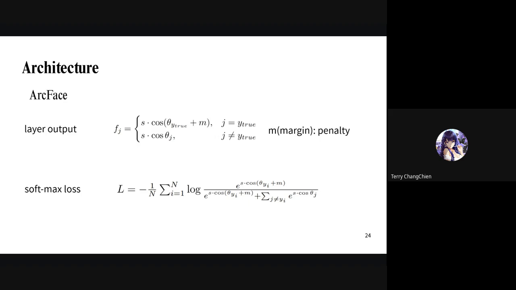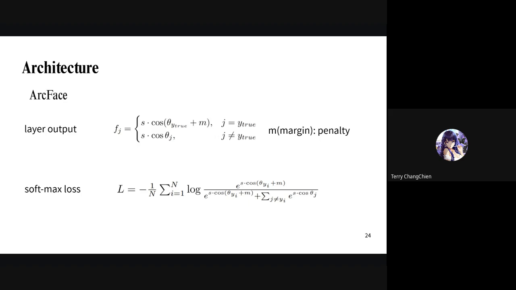If the two embeddings have the same label, then the angle should be plus m, where m represents the margin. Then compute this cosine value, multiply together, then we compute its softmax loss.